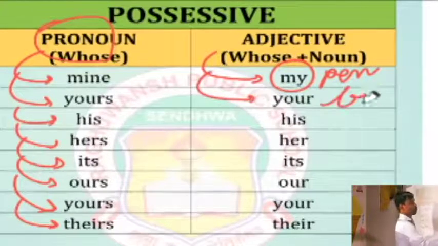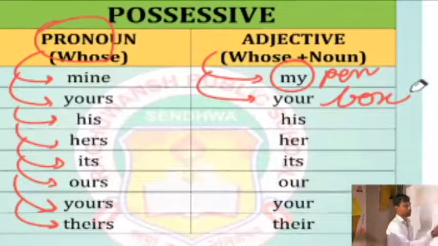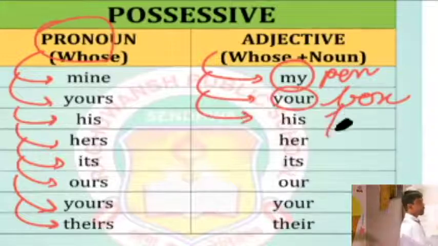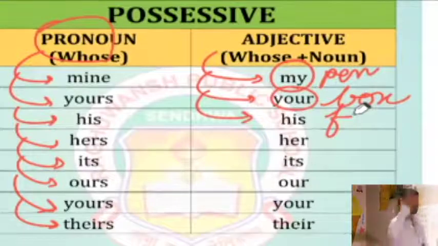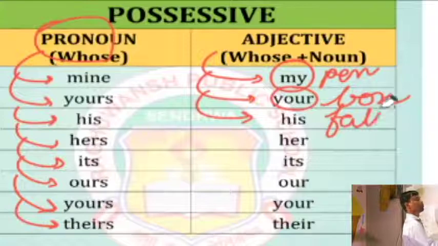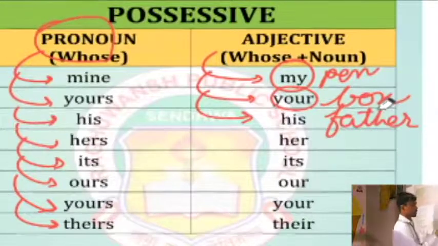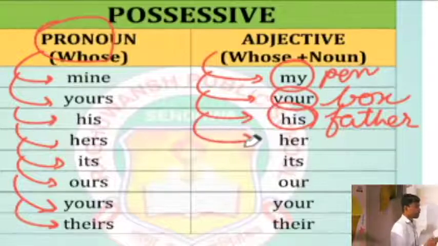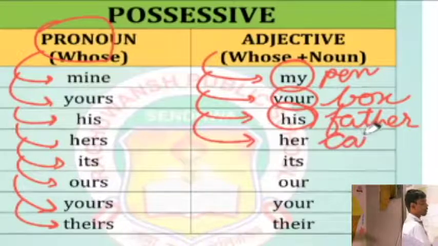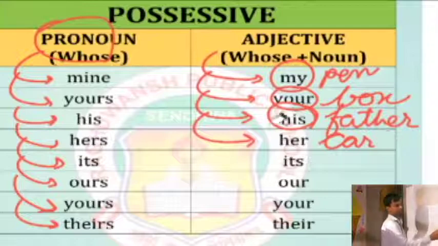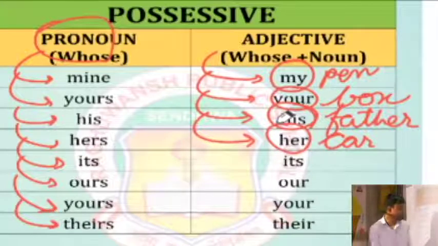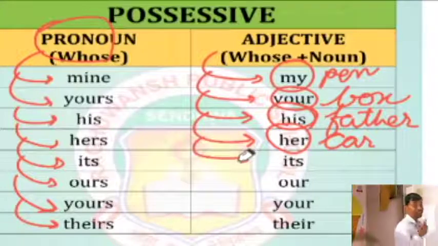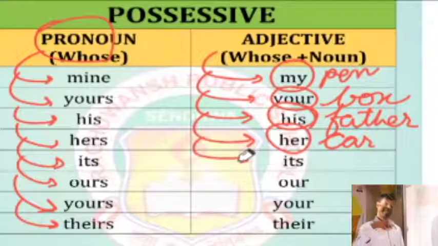Your box. So, adjective. His father, not your father, not my father, his father. His, adjective. Her car. Adjective. Now, can you do all of these? The cat drank its milk.